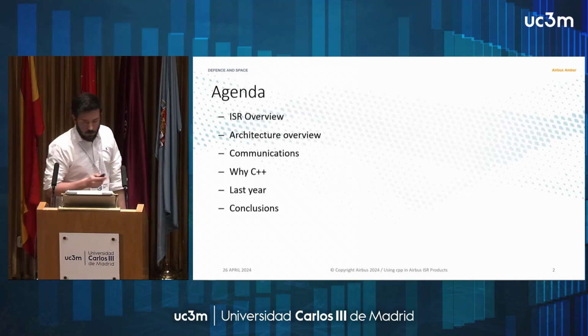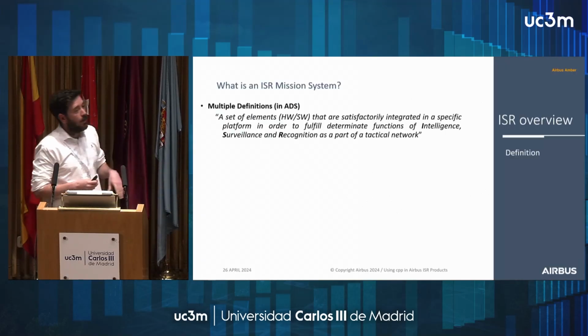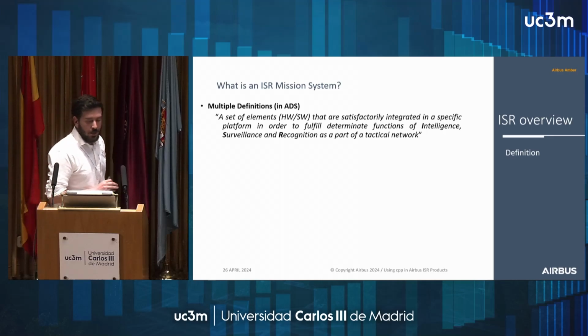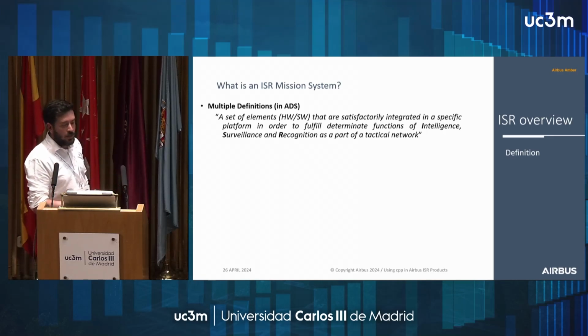Well, first and foremost, the important question now is, what is an ISR mission system? It's important to understand that the definition changes depending on the scope, the company, the objective. It changes a lot in the industry.